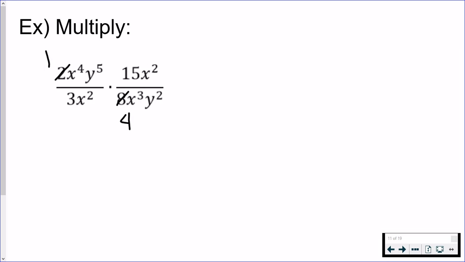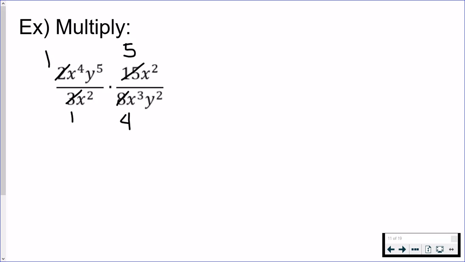I'm going to do the same thing with 15 over 3. I can do 15 divided by 3, which is 5, or if you look at it this way, 15 over 3 reduces to 5 over 1. So now my numbers get a little smaller right away before I multiply straight across. I can do the same thing with exponents if I want.